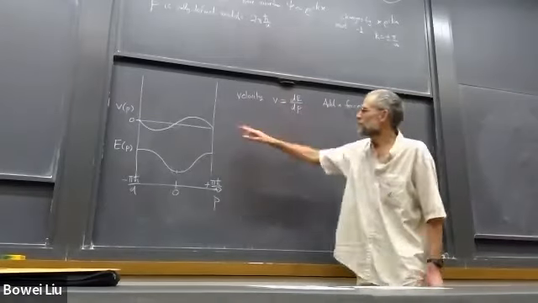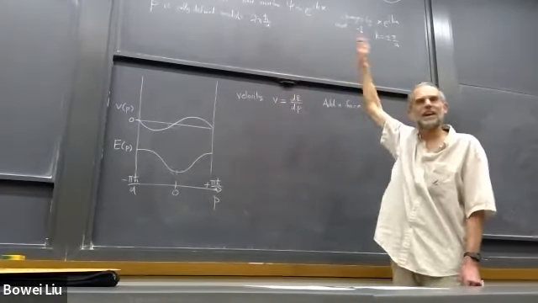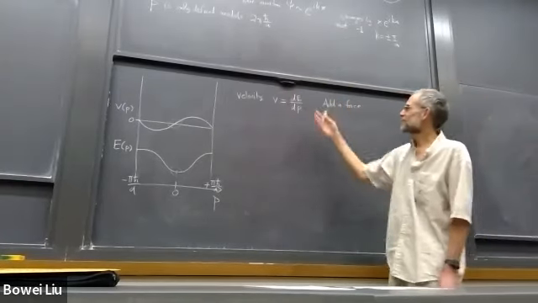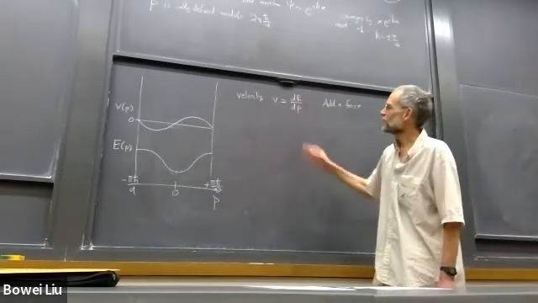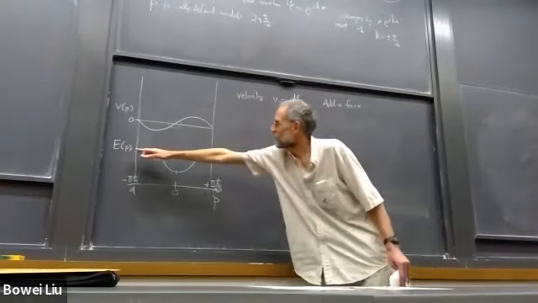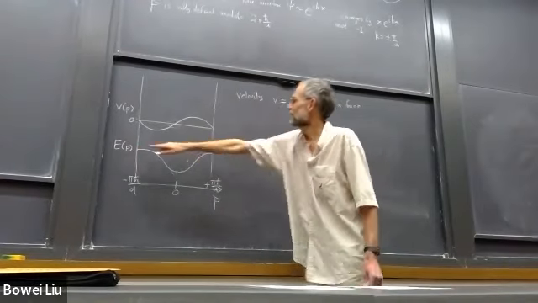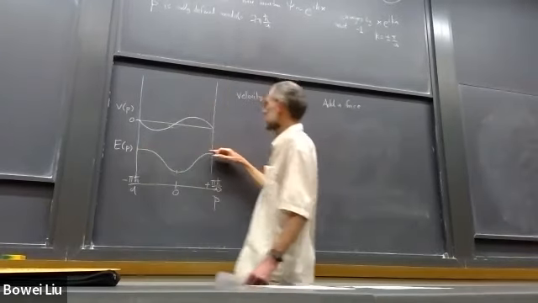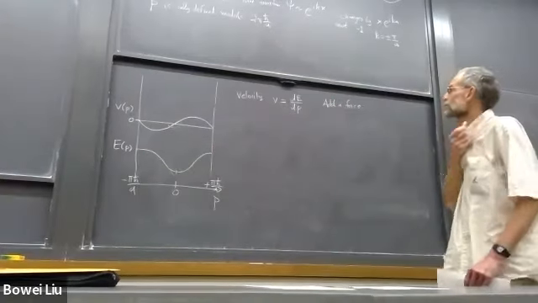We're making a wave packet, and there's a discussion about how wave packets propagate in the lattice, which is a little complicated. Since the energy as a function of momentum is flat here, its derivative is 0, and so the velocity is 0.